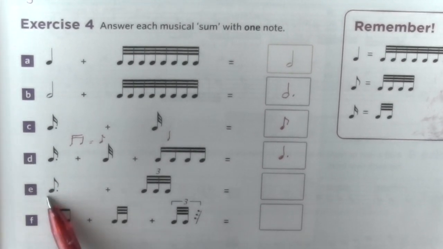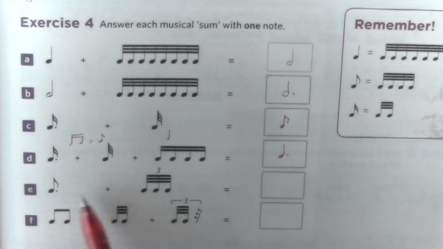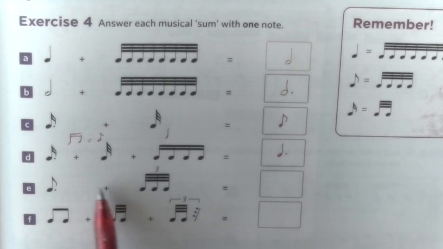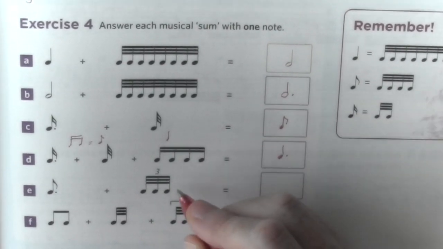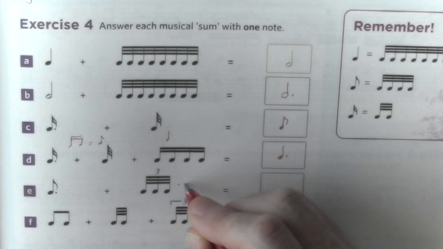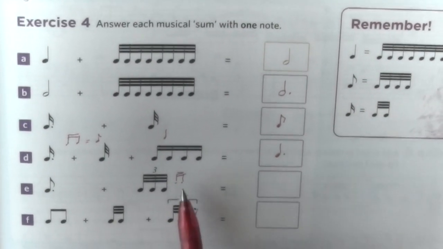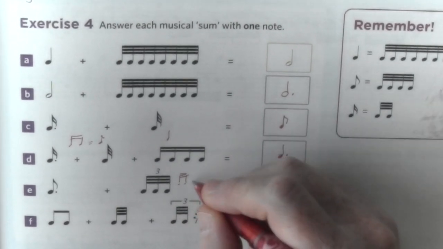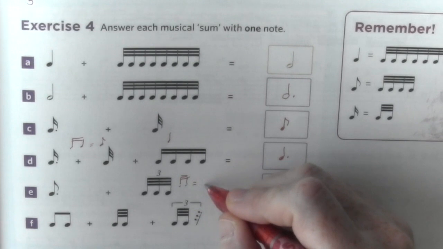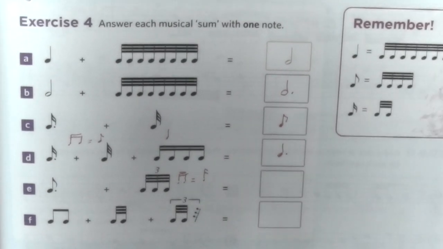1 quaver plus a dot is 1 quaver plus a semiquaver. Now, 3 demisemiquavers as a triplet equals 2 of them. And 2 demisemiquavers equals 1 semiquaver.